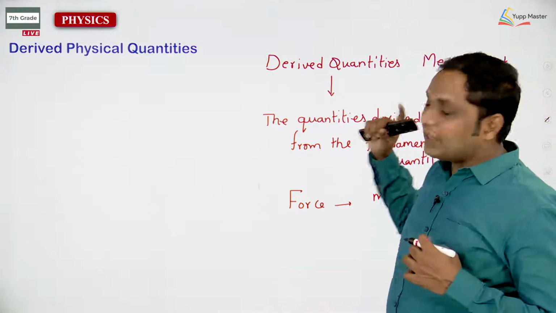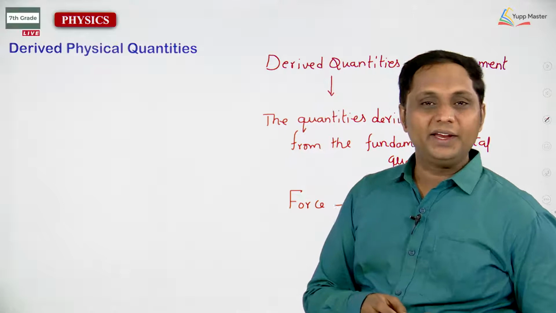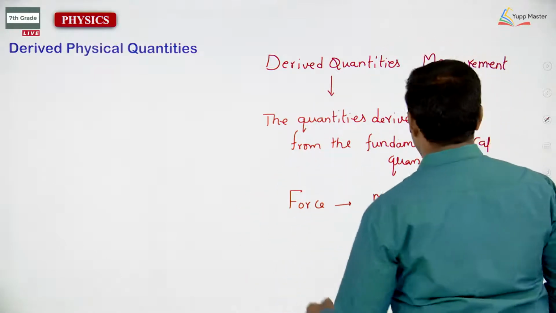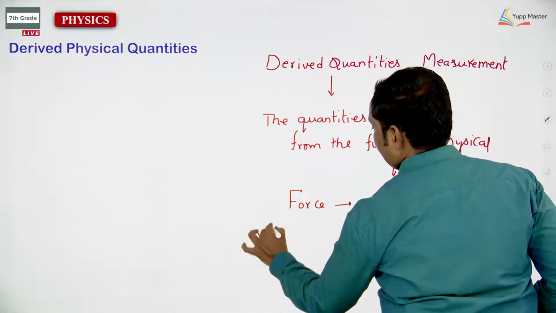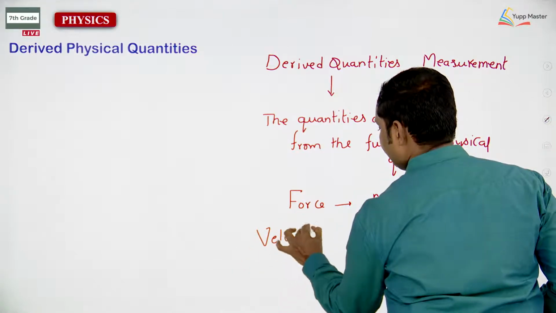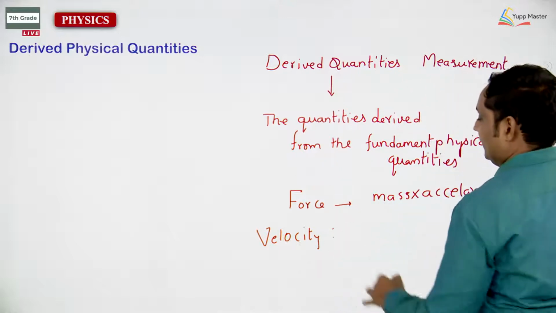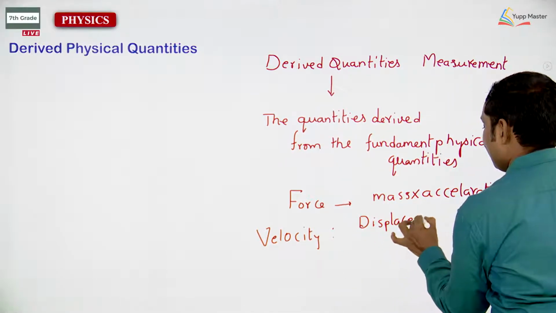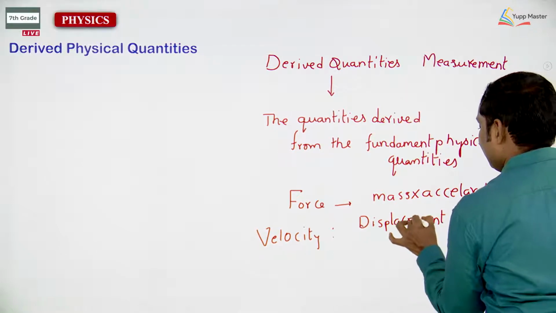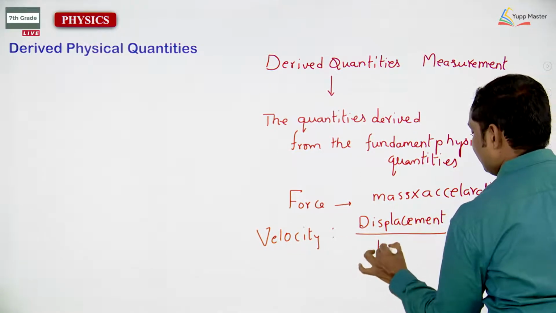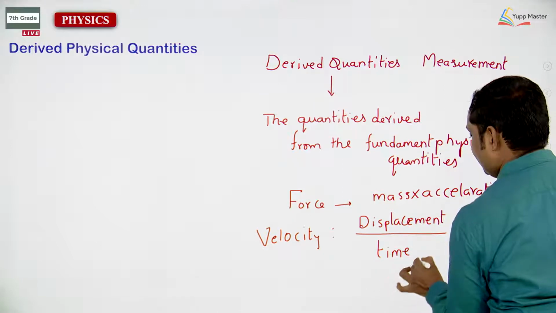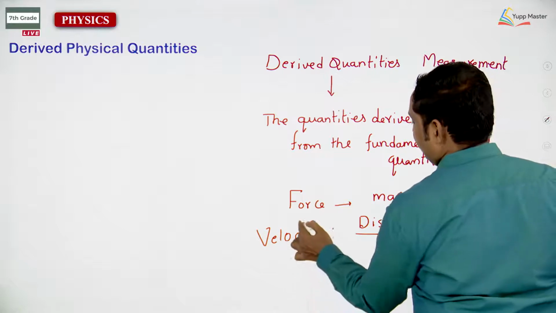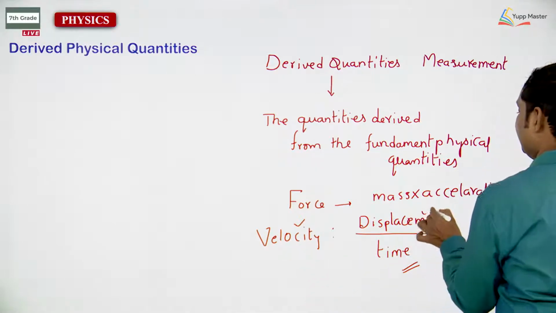Some physical quantities are going to be obtained with the help of some fundamental quantities. Just you have to see that. You can take velocity, displacement by time. Here we are going to take that it is a derived quantity, and this is a fundamental quantity.